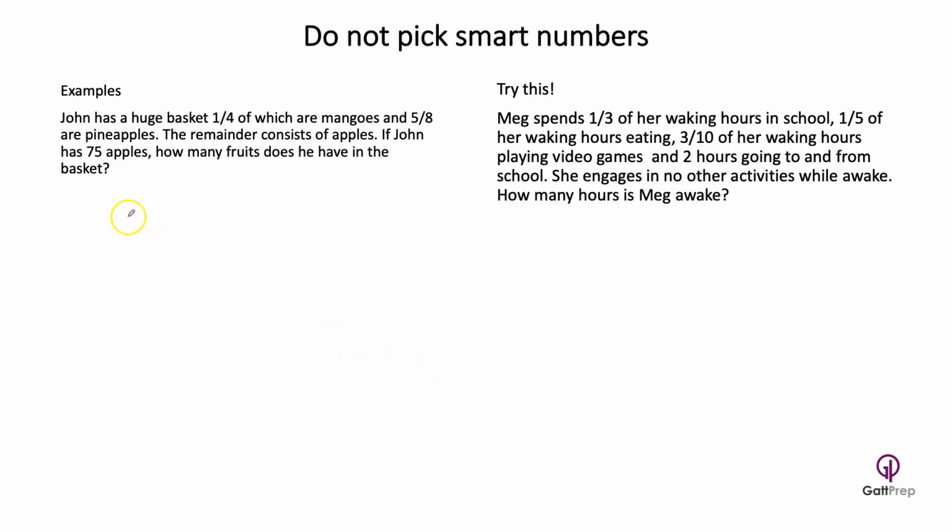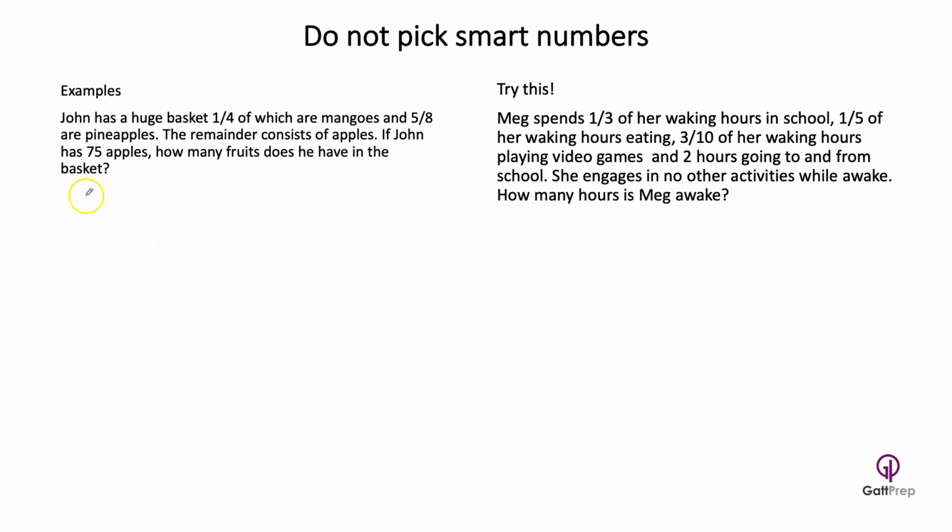Now it says that John has a huge basket, 1/4 of which are mangoes and 5/8 are pineapples. The remainder consists of apples. If John has 75 apples, how many fruits does he have in the basket? So here, simple stuff.